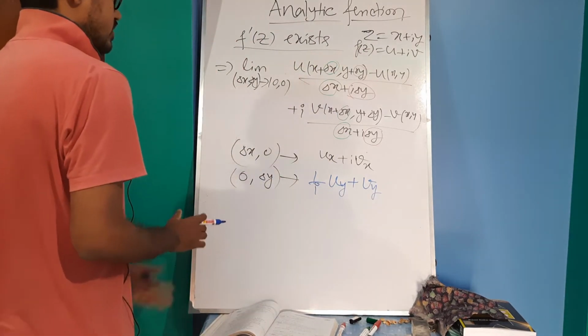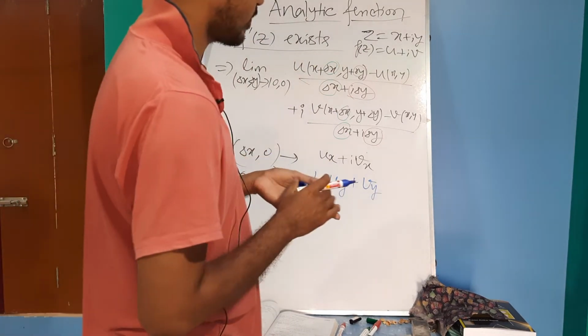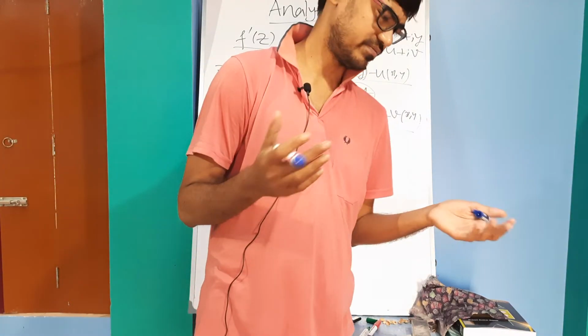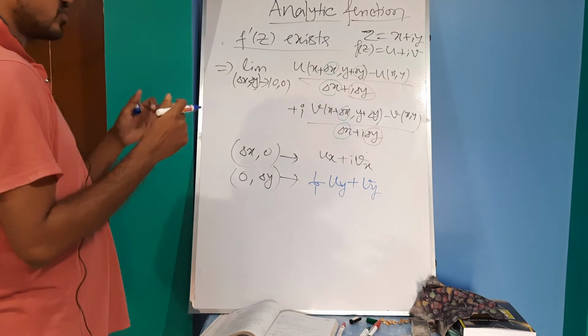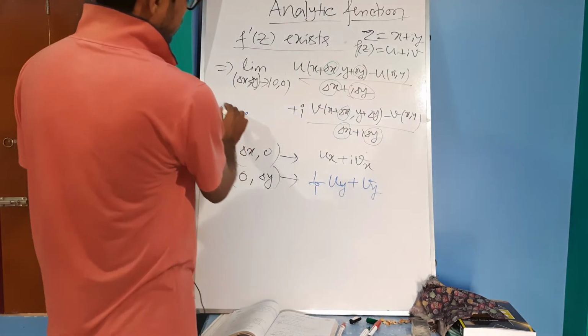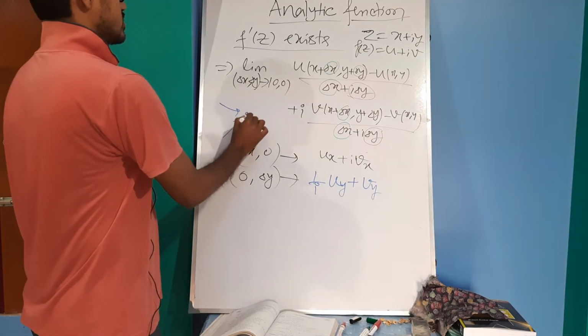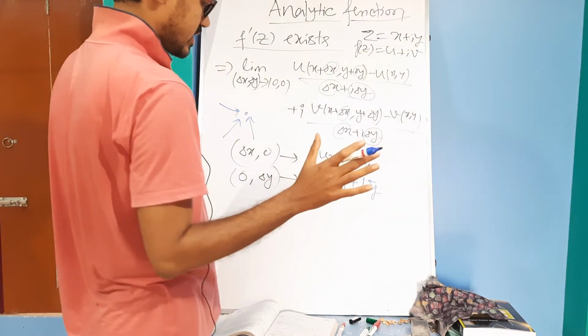Now from the property of limit, it is well known that whatever the line of approach to that limit, from this line or this line or this line, the limiting value will be same.